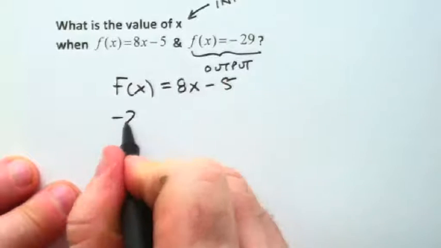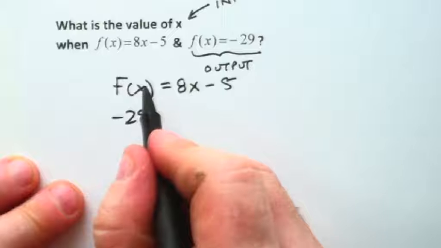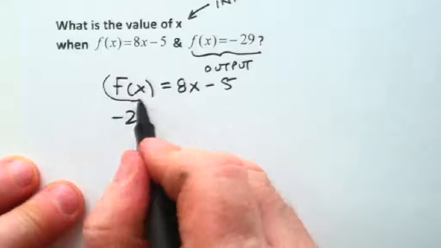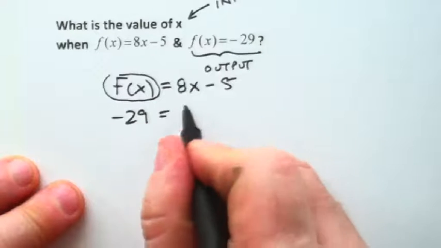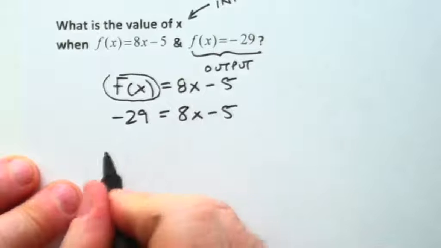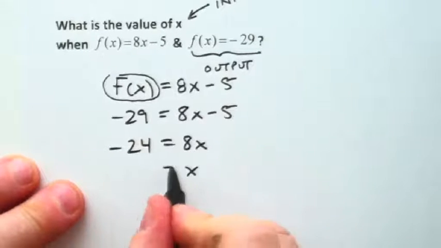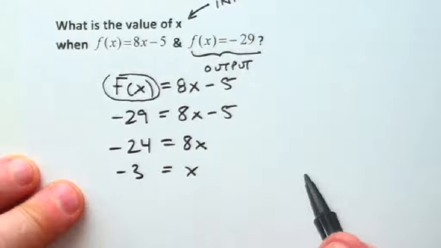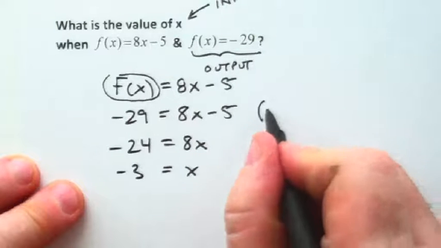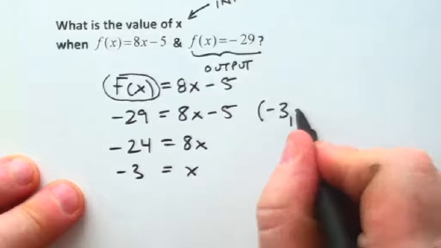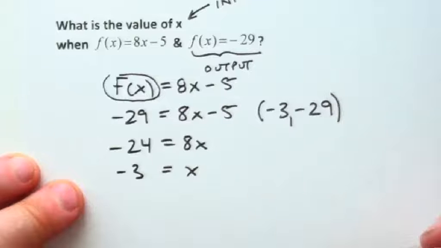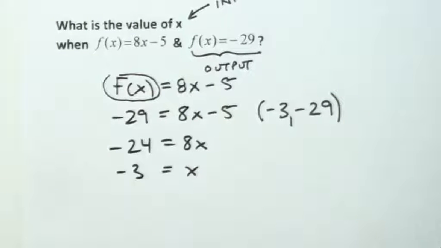We plug in negative 29. Notice I'm not plugging it in for x, I'm plugging it in for the entire value of the function, the output value, and then solving for x, which is negative 3. So again, we learned that the input value was negative 3, and the output value would be negative 29. Now, those two things should have been reviewed.